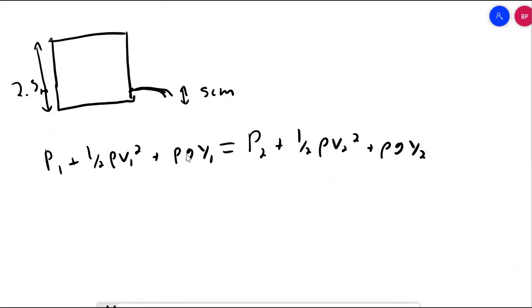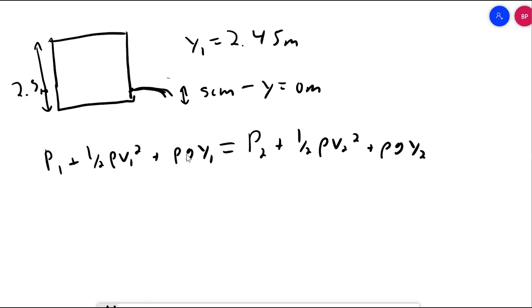So we can do that anywhere we want to, and we always get the same thing, but it'll be easiest to set this point to be y equals 0, because this term will then go away. And that means that our y1 is not 2.5 meters now, because that's measured from the ground. It's our 2.5 minus 5 centimeters. So that's 2.45 meters.